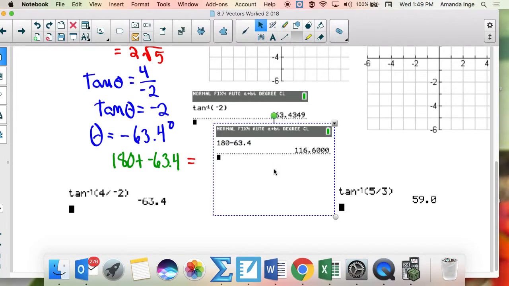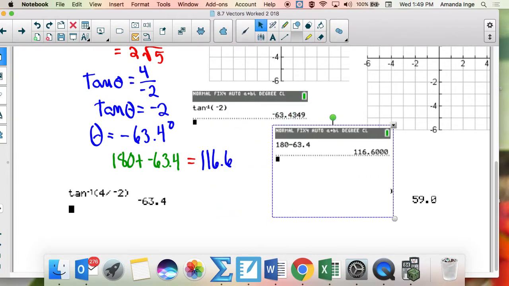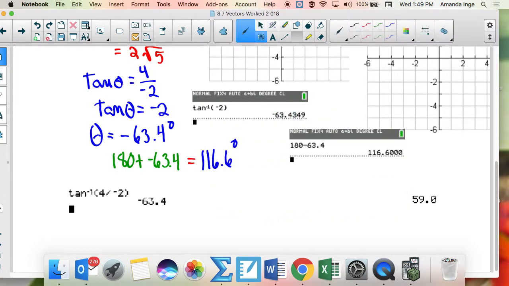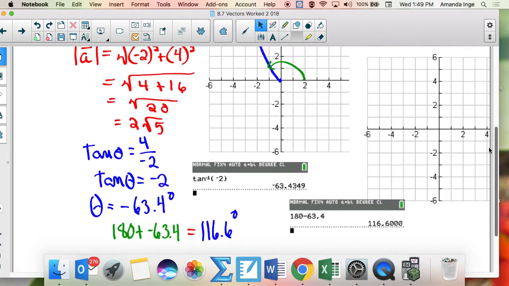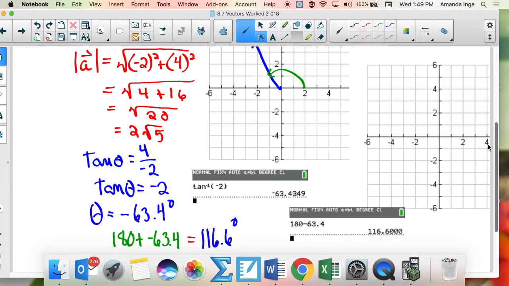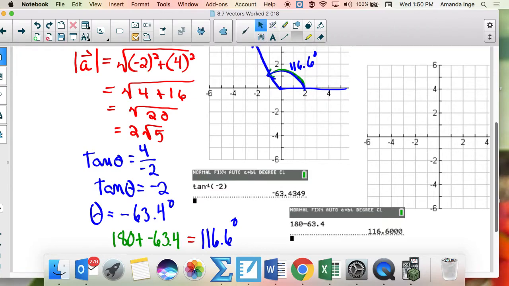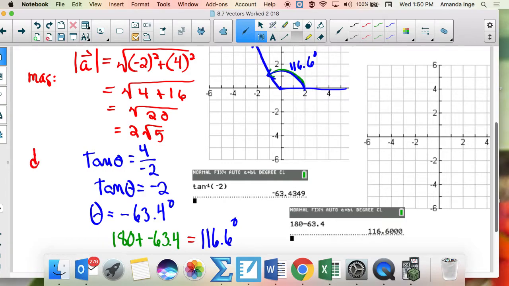And we get it's 116.6. And what that means is that if you start here and walk all the way over here, you've gone 116 degrees. Okay? Everybody? All right. So this is the magnitude. This is the direction.